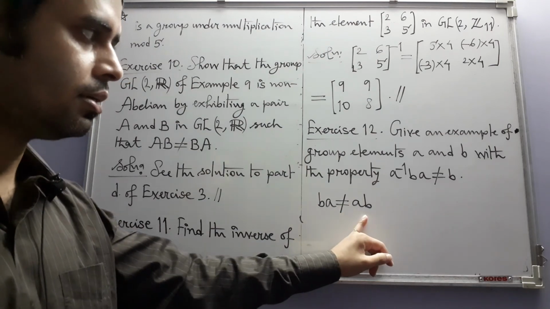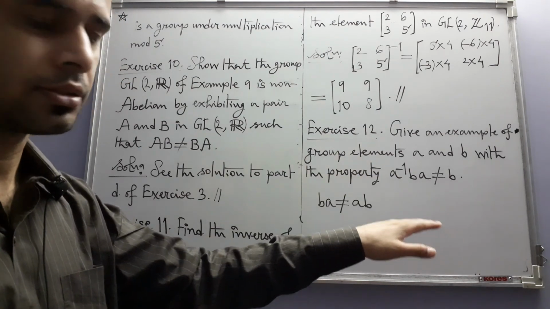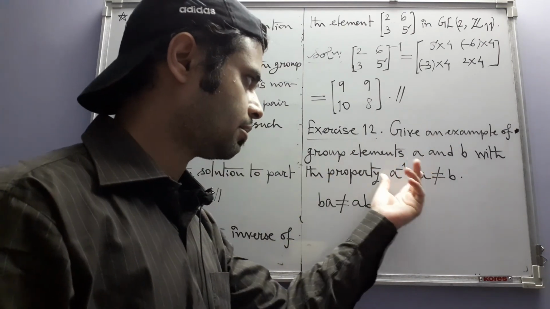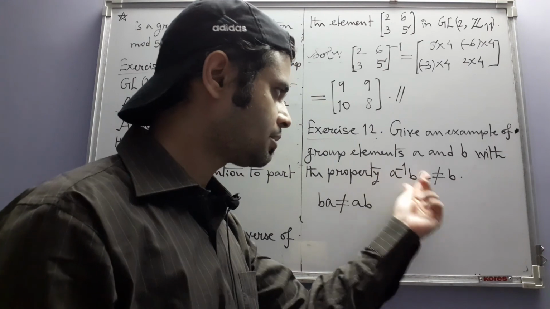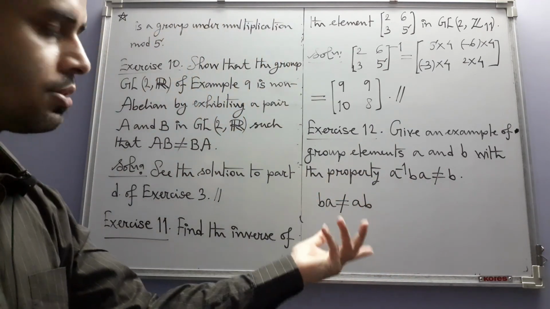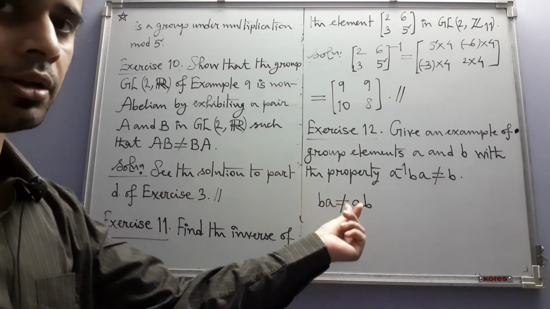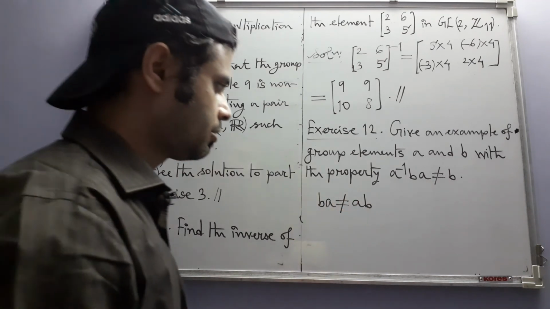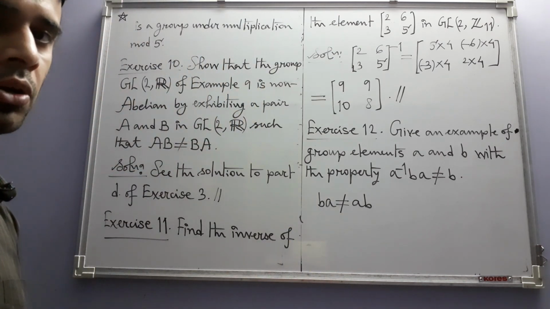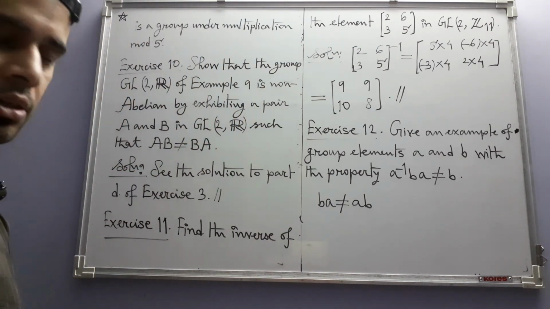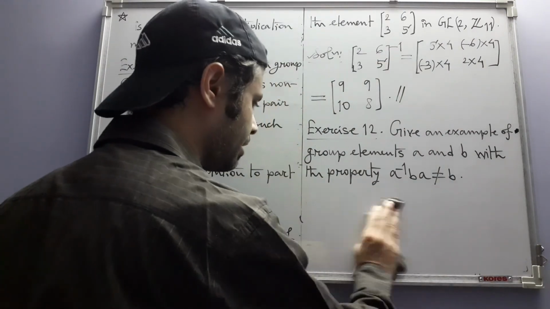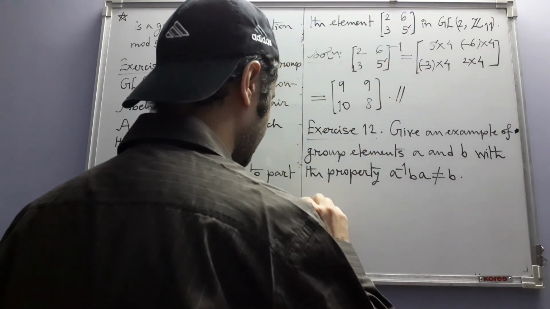Because if they are equal, then by the cancellation laws, you can cancel A from both sides to have the equation A inverse BA is equal to B. But it's given that that is not the case, so these two products will also be different. So essentially you have to find two group elements which do not commute, and we have already seen such matrices.